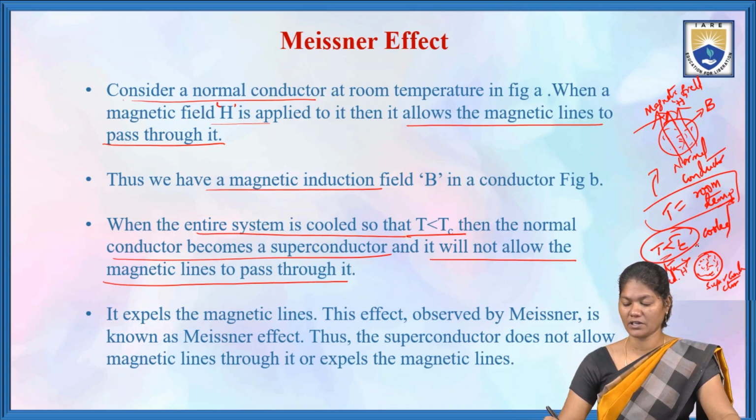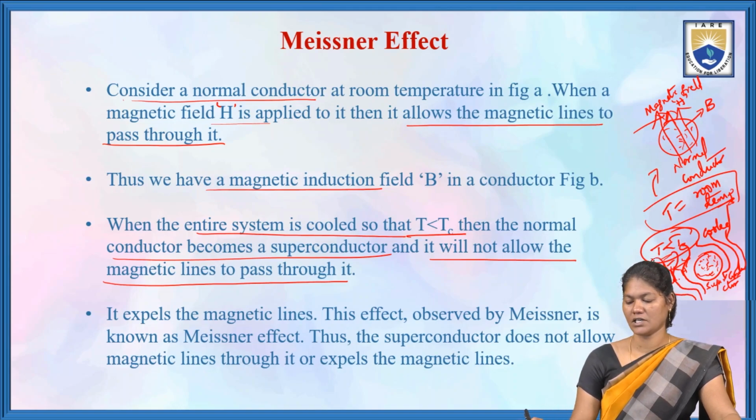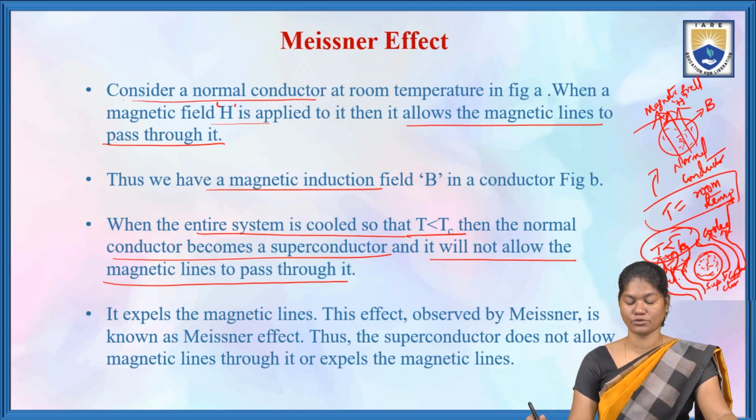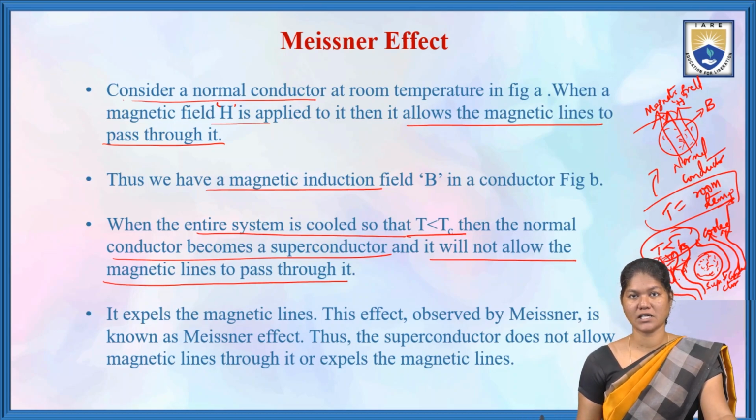So when we apply magnetic field H, it will not allow the magnetic lines of force to pass through this conductor. As it is transformed into the superconducting state, it expels the magnetic lines.